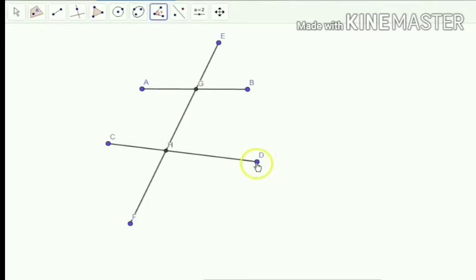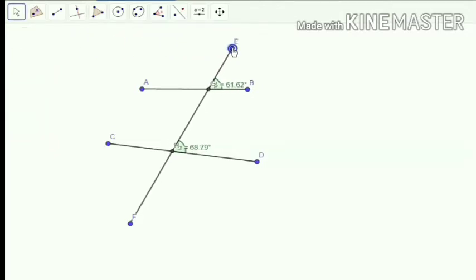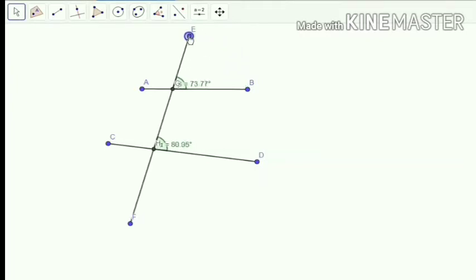Let's measure corresponding angles. First one is 72.77, another one is 65.59. They are not equal. जब हम ट्रांसवर्सल लाइन को रोटेट करते हैं तो किसी भी पॉइंट पर ये दोनों एंगल्स सेम नहीं हैं.